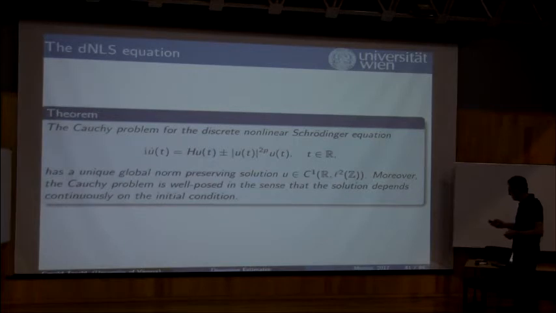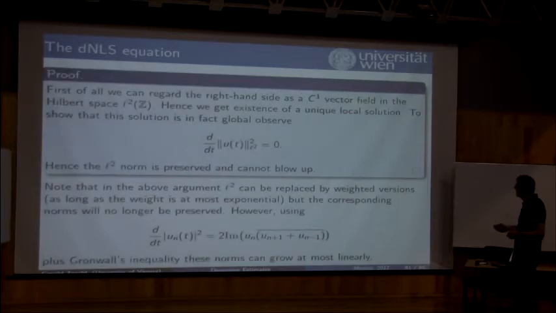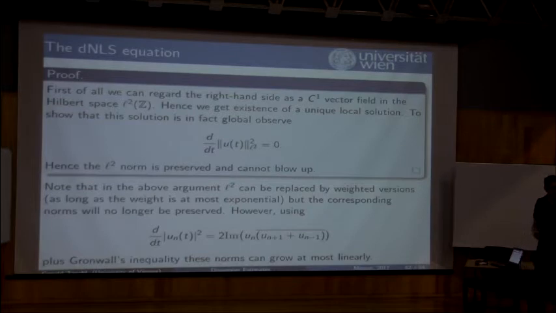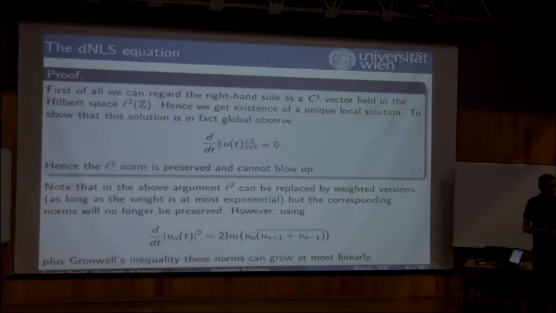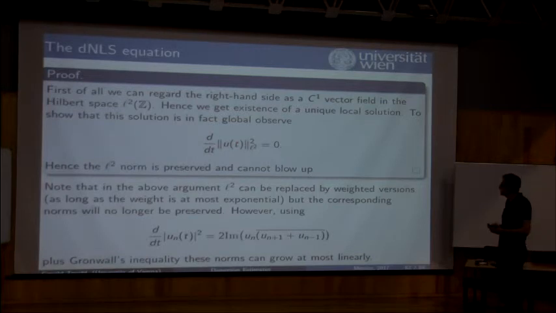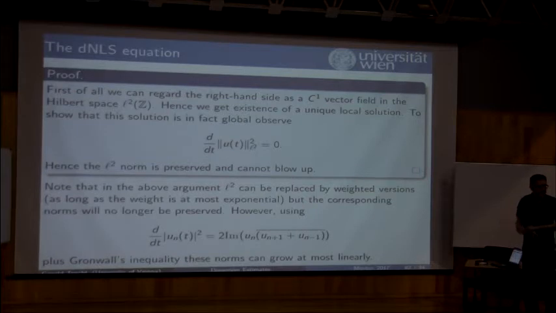We see that this is C1, and hence we get the local result out of the local ODE result I have presented before. In order to get global existence, we need to show that things don't blow up. Now you need to do a little calculation, write down the L2 norm, and differentiate this, and you will see that it will vanish. So you will see that this thing preserves the L2 norm as long as it exists, and in particular the L2 norm cannot blow up.